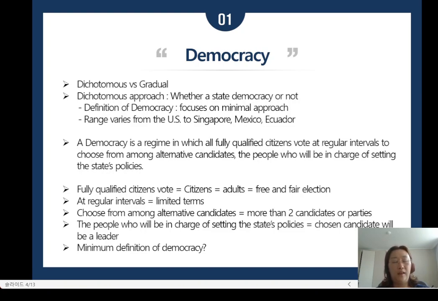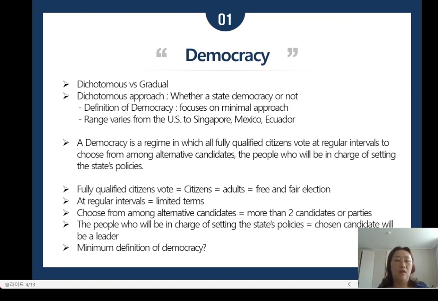At that time we usually focus on the minimal approach. So if a country meets the minimum level of the definition, then we can categorize that country as a democracy. The ranges can vary, right? For instance, the U.S. and Singapore, Mexico, Ecuador.